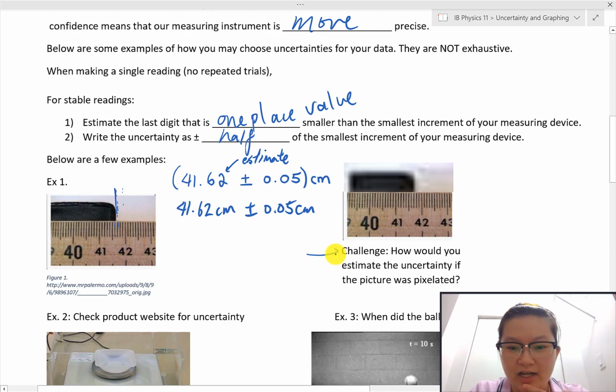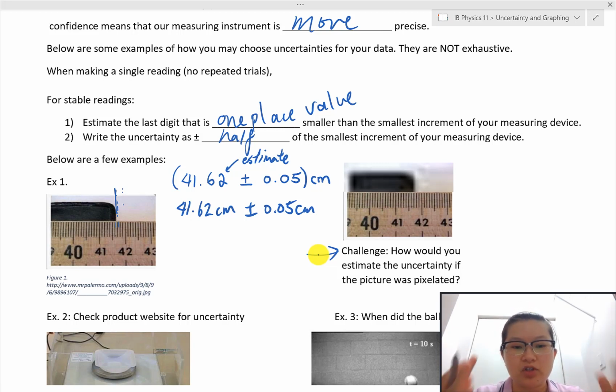Here I have a little challenge, and this is going to happen when you will be doing video analysis this year, when you film a motion of an object and you have to plot it down, which then produces some sort of graph. What happens when you have, say, pixelated images or videos, or when the motion's too fast in a frame, what do you do? So that can be applied to that.